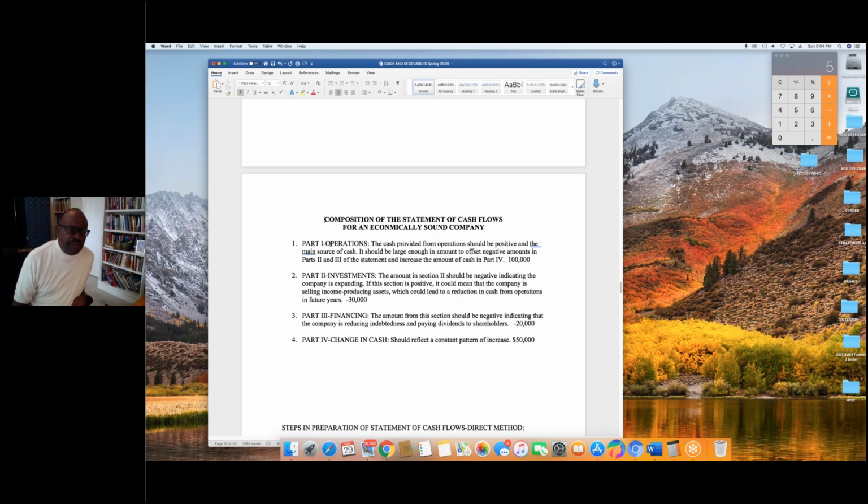If we were looking at you personally, when you graduate, you'd like to have enough cash, say $100,000, to be able to pay on your student loans, to invest in additional assets, pay on your student loans and have cash left over.